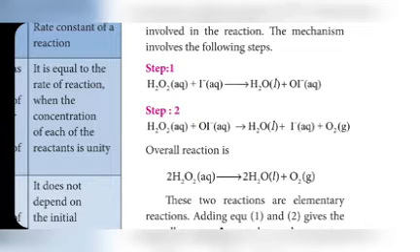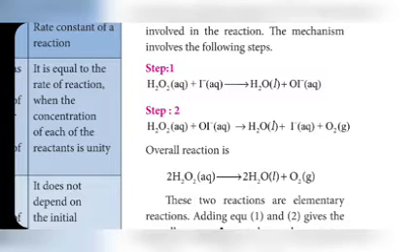It is experimentally found that the reaction is first order with respect to both H2O2 and I minus, which indicates that I minus is also involved in the reaction. The mechanism involves the following steps. This is the first order reaction, which we can determine experimentally.